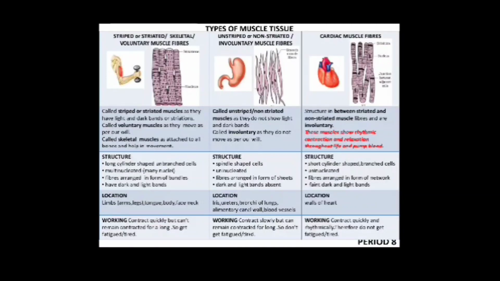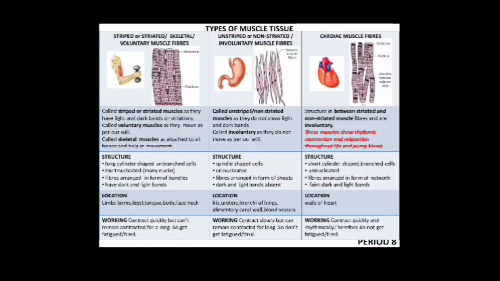The structure includes long cylindrical shaped unbranched cells, multinucleated, that is having many nuclei, fibers arranged in the form of bundles, and they have light and dark bands. Where are they found?